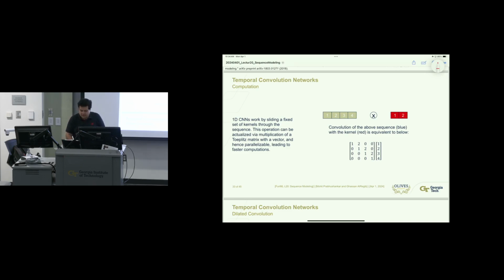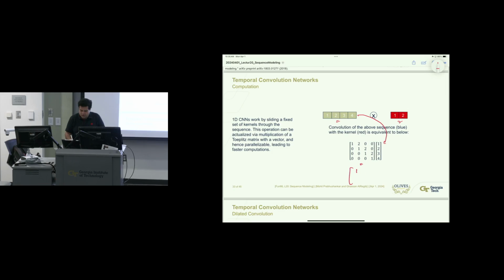Even though when we look at this 1, 2, 3, 4 convolved with something like 1 and 2, and we think that this is a difficult process, it's really not that difficult from a matrix perspective. You can create a templates matrix. So your 1, 2, 3, 4 is now this vector here, and you can take 1, 2 and create this kind of a matrix.